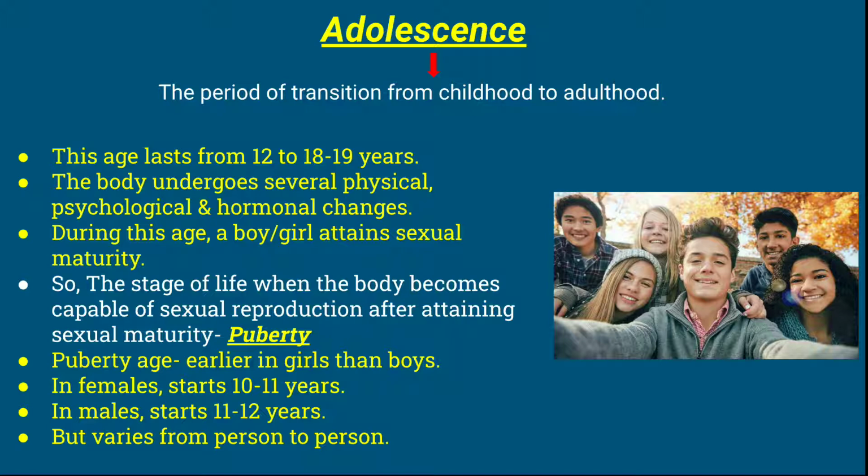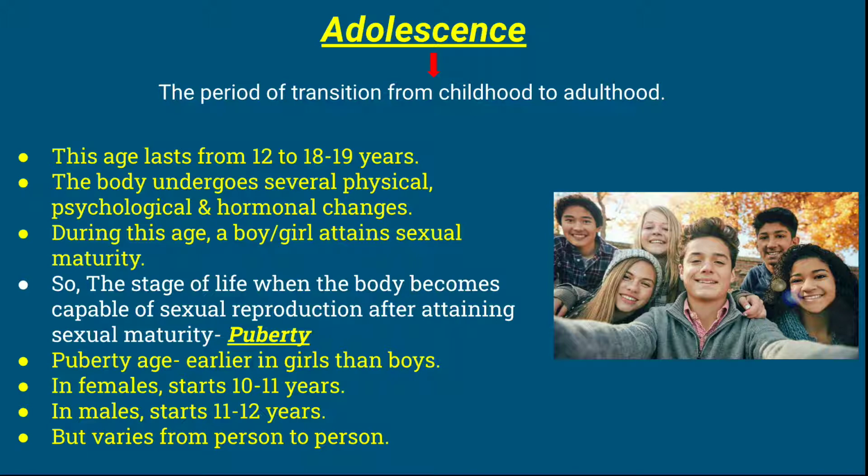Okay, in this stage of life, the human body becomes capable of sexual reproduction after attaining sexual maturity, and this age is known as puberty. This stage of life is known as puberty.